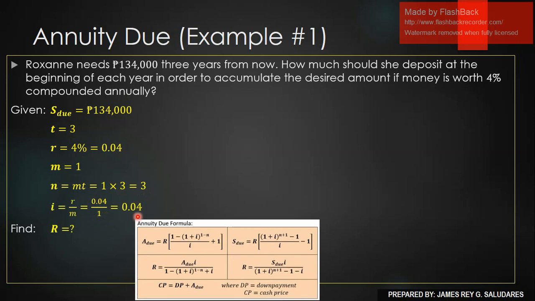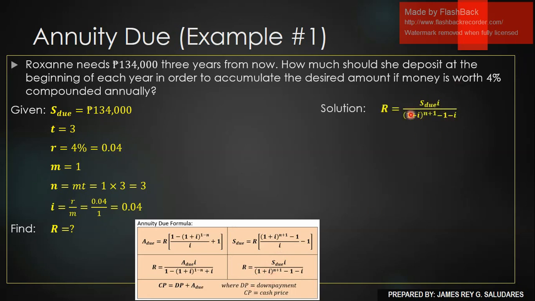Let's review the formula for R. There are two formulas for R. Based on the given, since the given is the final amount, this formula is to be used. Write the formula for R, just copy.